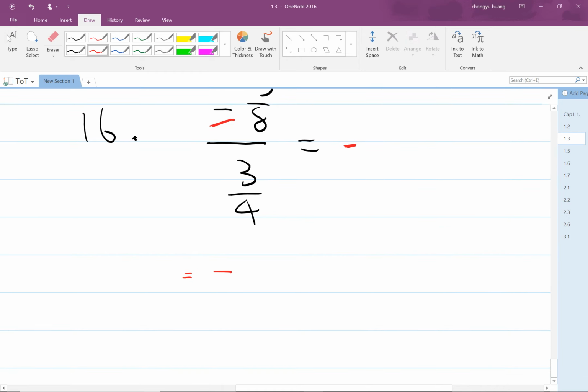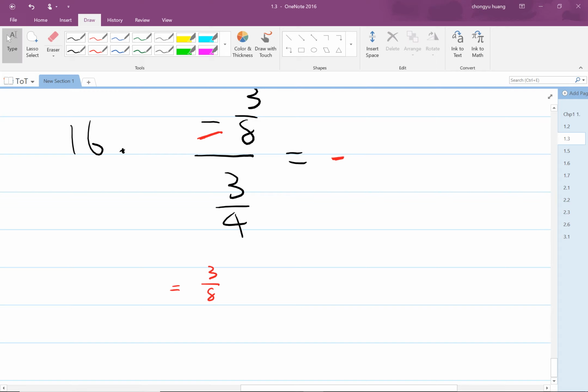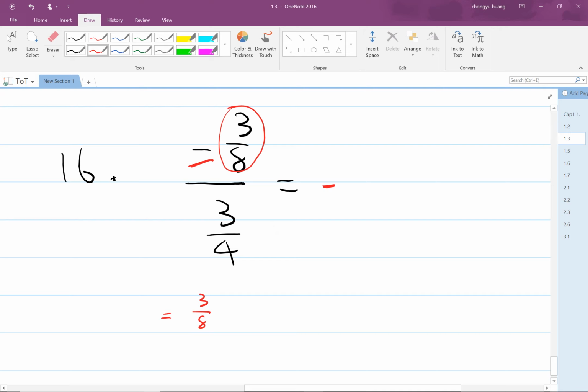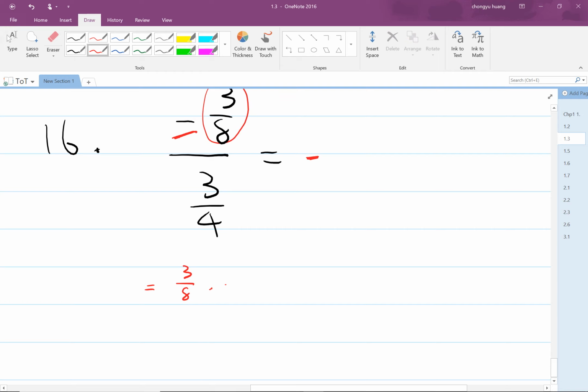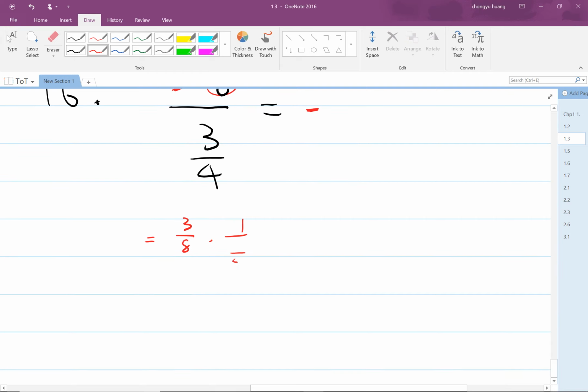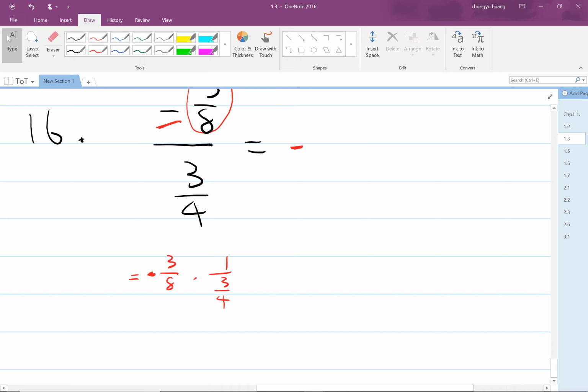So the full detail is since 3 over 8 is at the numerator, this thing at the numerator is actually equivalent to this. Yeah, maybe I should put a negative sign over here. So this thing is actually equivalent to this.